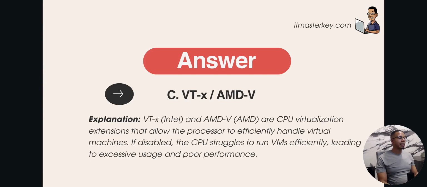So they allow the processor to efficiently handle virtual machines. If disabled, the CPU struggles to run virtual machines efficiently, leading to excessive usage and poor performance. They basically make sure that the CPU prioritizes what it needs to prioritize. If not, the CPU kind of thinks, I don't know if I'm supposed to prioritize the virtual machine, the real machine, and so on and so forth.